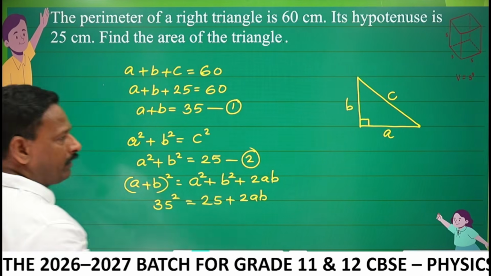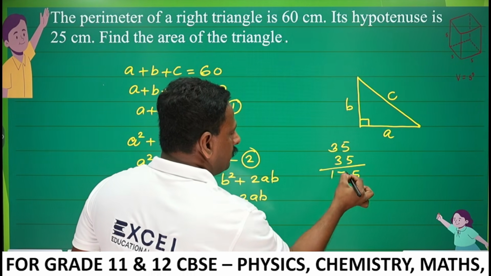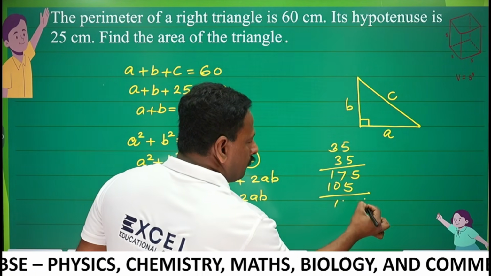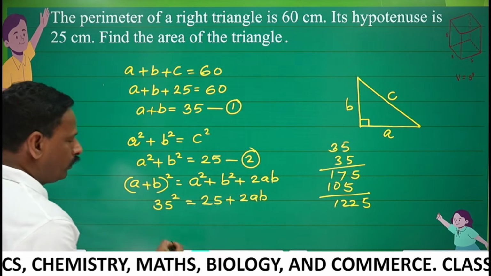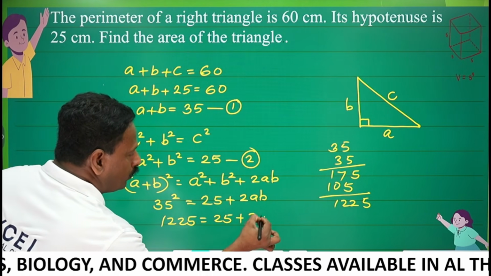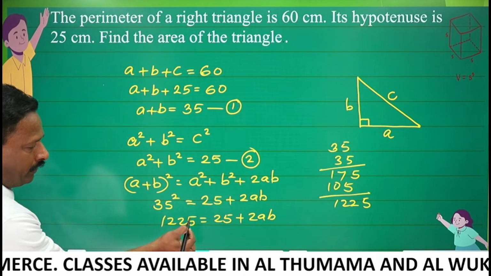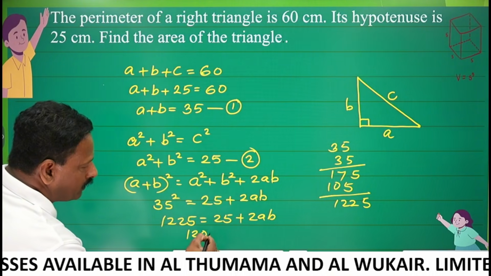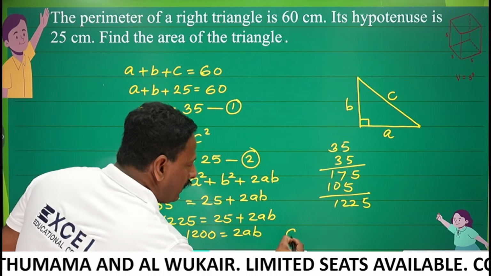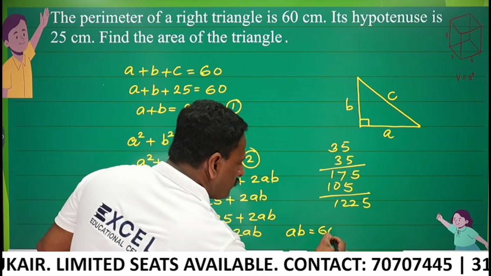And 35 square is 35 times 35, which is 1225. So you'll get 1225 equals 625 plus 2AB, or this 625 if you transpose it will become 600. So you'll get 1200 equals 2AB, or AB will be 1200 by 2, which is 600.